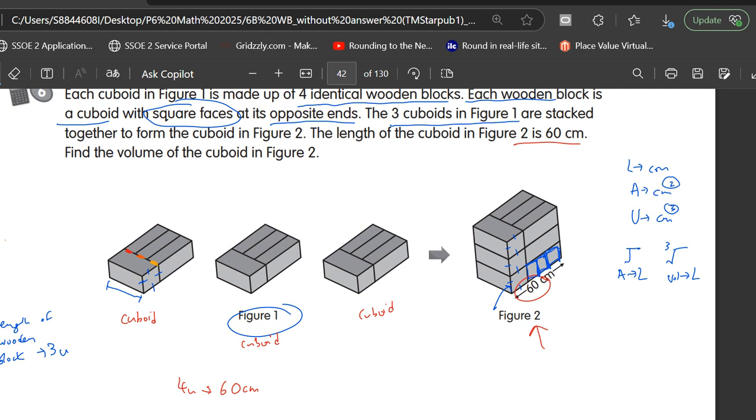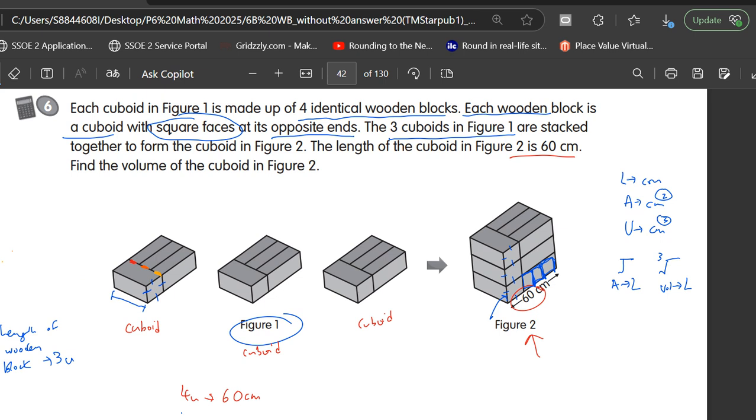Now, that means I can get 1 unit, or one unit means one side of the square face. That's 60 divided by 4, which is 15 centimeters.